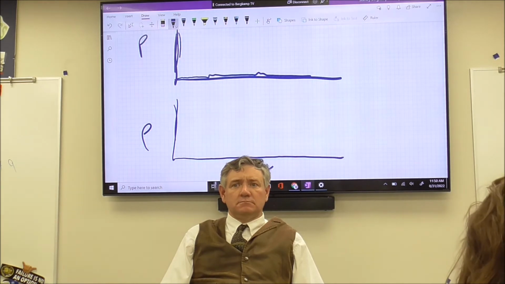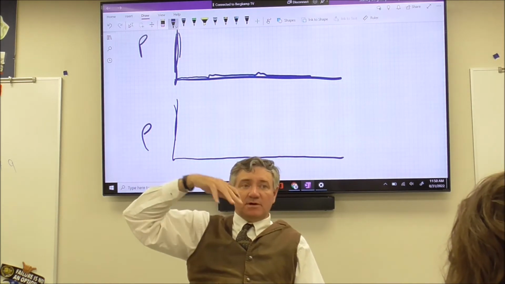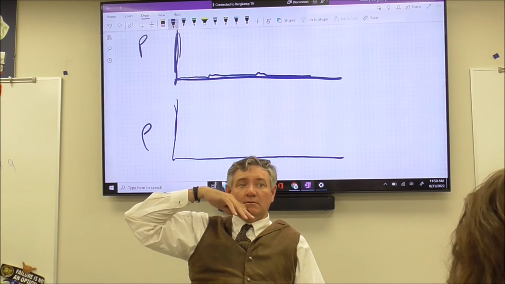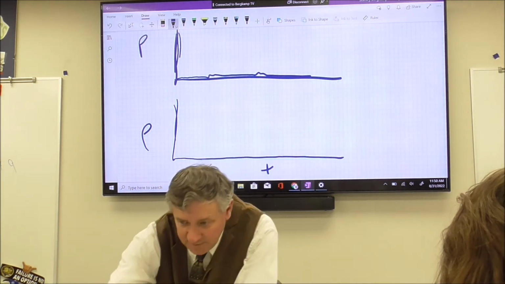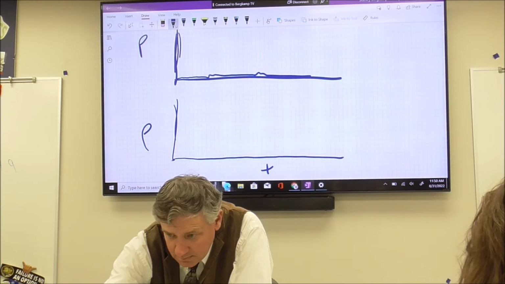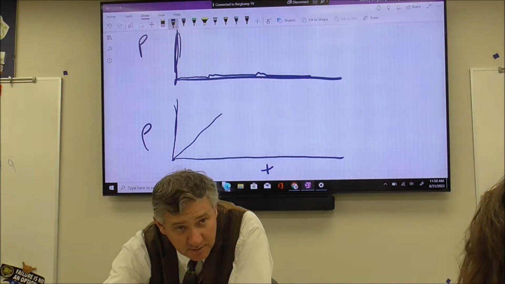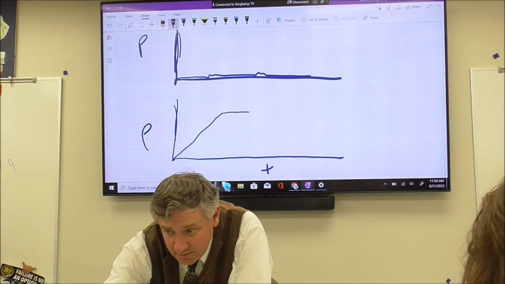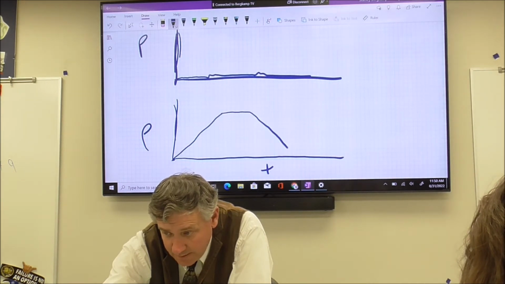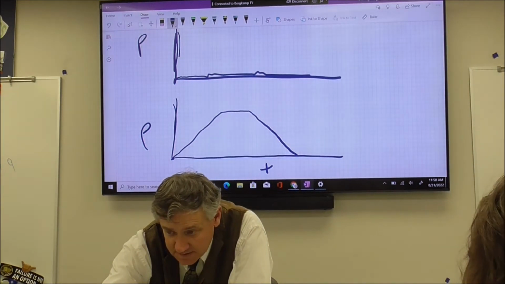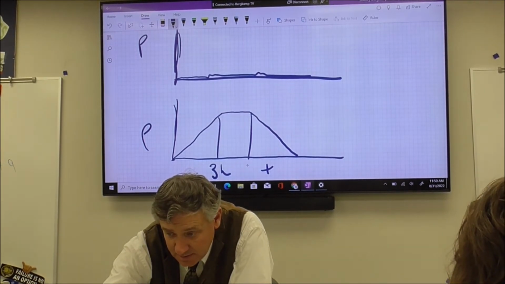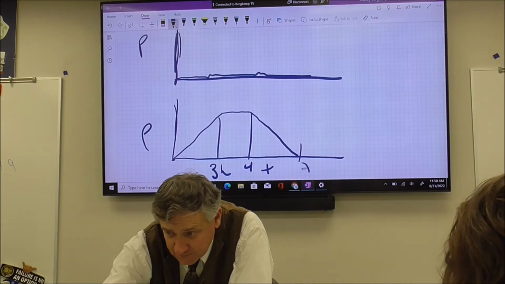It'd look like one hill. We're going to go to Kansas City and then we're going to come back. Just go like this, and then like this, and then like this. So we're going to drive to Kansas City, and then we're going to stay in Kansas City for a little bit, and then we're going to drive back, right? So let's say that's driving. So there's 3 hours, there's 4 hours, there's 7 hours.